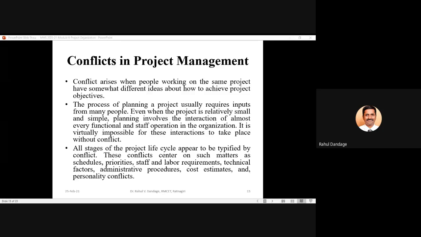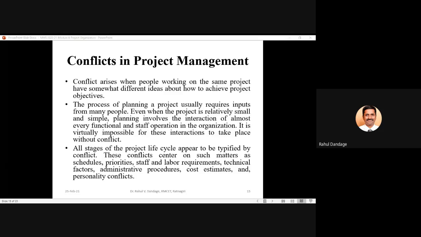Nobody can ensure that 100% of conflicts will be resolved, but at least 90-95% of conflicts get resolved. Then the remaining 5% will not hamper your project much.